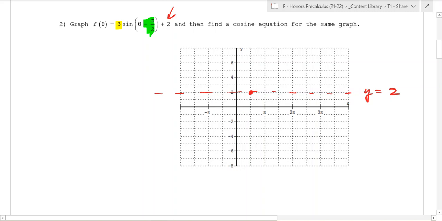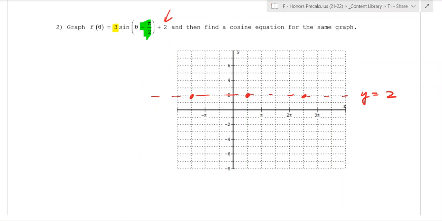So that's where it's going to start, kind of that middle point, and then it's going to repeat every 2 pi. So here and then at 3 pi, so we'll go back 2 pi to here.